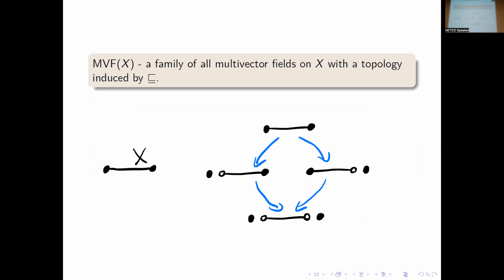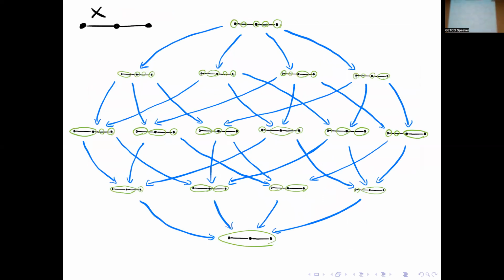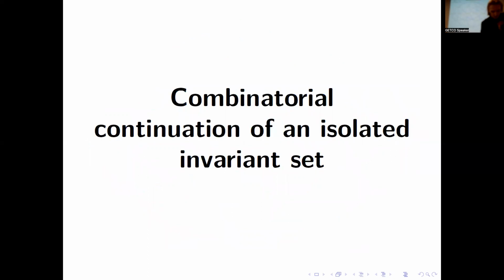This is the simplest example, the topological space of all multivector fields when you have just a space of two edges. We plan to exploit this idea in the future, but for now I just wanted to put this picture here. The interesting thing is that you can introduce a topology on that space.